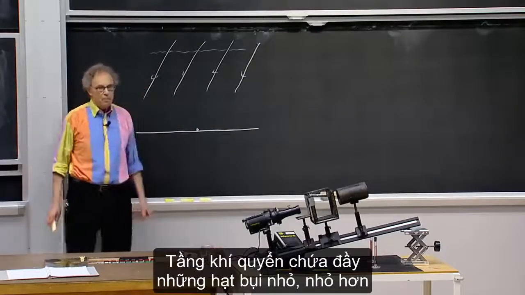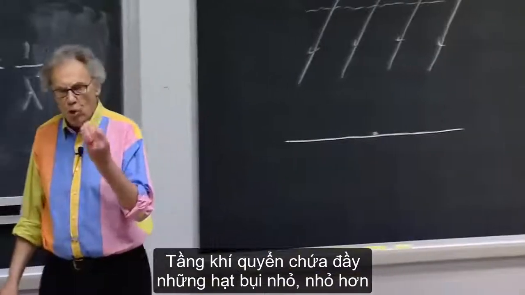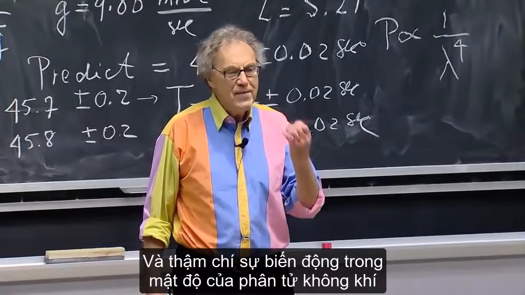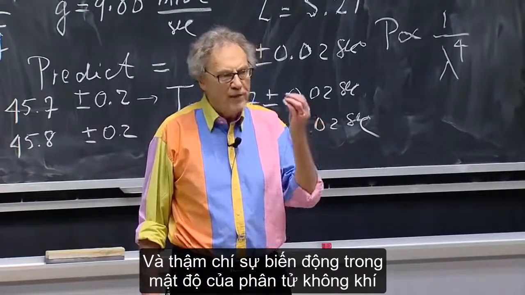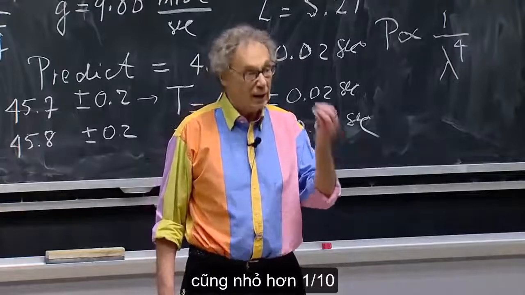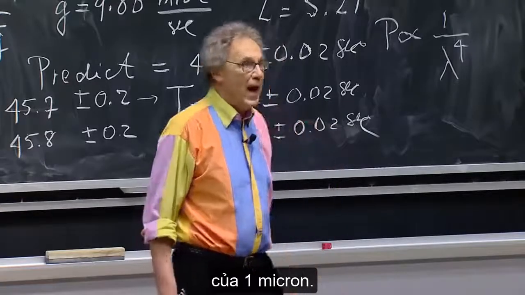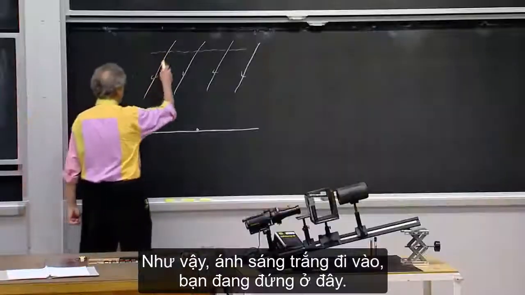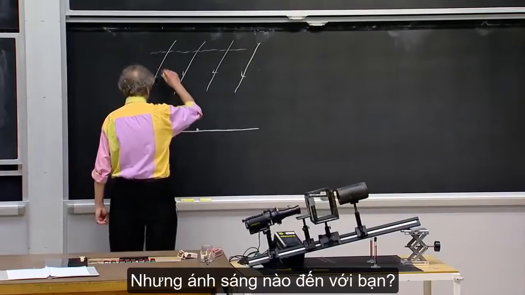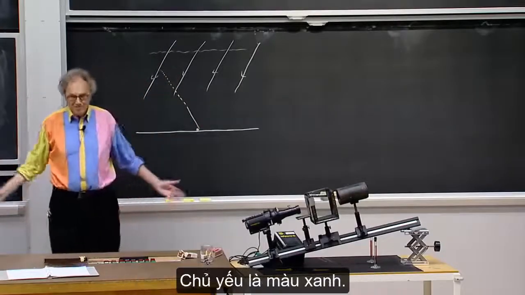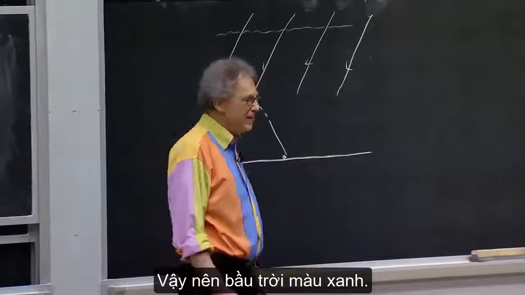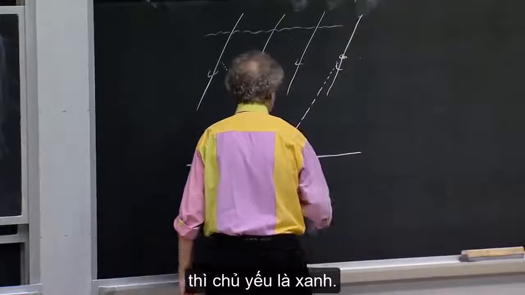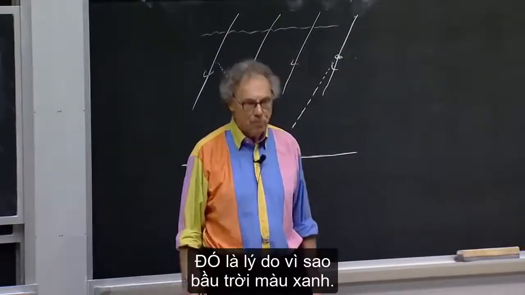The atmosphere is full of very small dust particles, smaller than a tenth of a micron, and even the density fluctuations of the air molecules themselves are clearly smaller than a tenth of a micron, and so you get ideal Rayleigh scattering. So white light comes in, you're standing here, but what is the light that comes to you? Predominantly blue. So the sky is blue. The light that is scattered here and comes to you is predominantly blue.